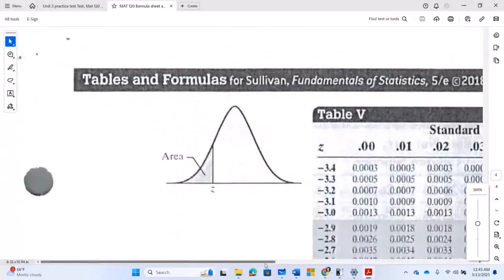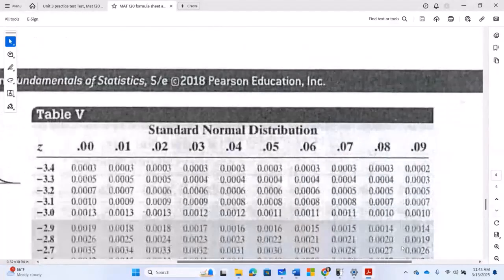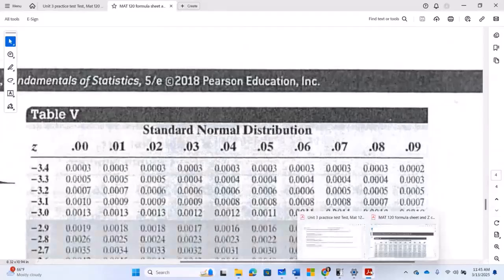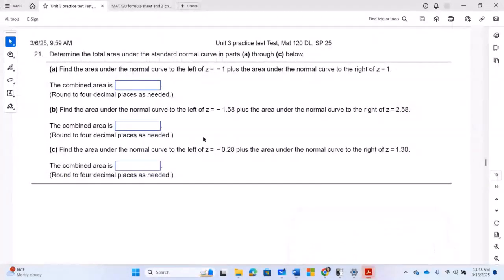All right. And this question tells me to find the area. Find the area of the normal curve to the left of negative 1.58, plus the area under the normal curve to the right.